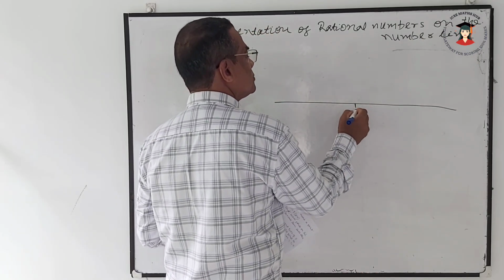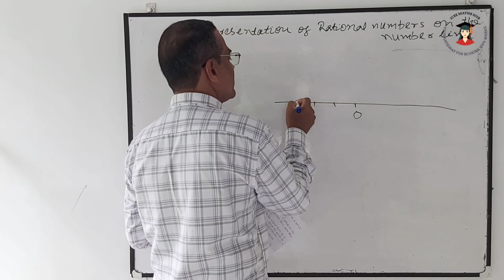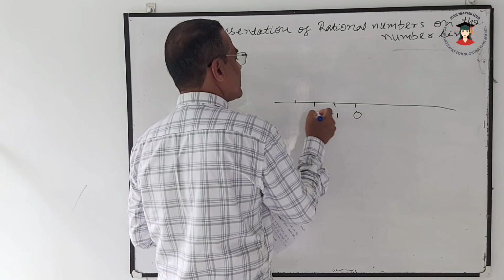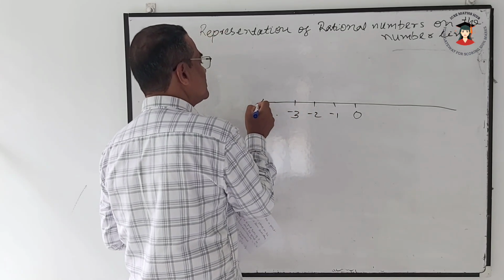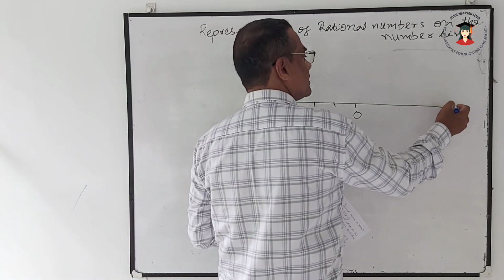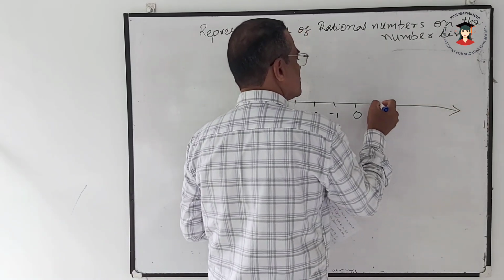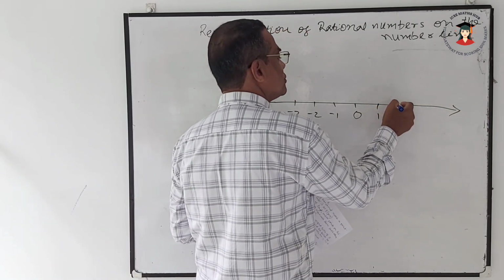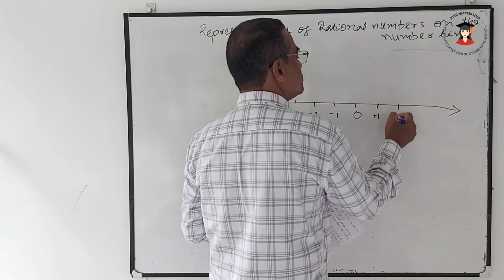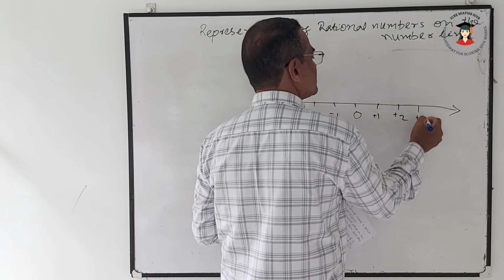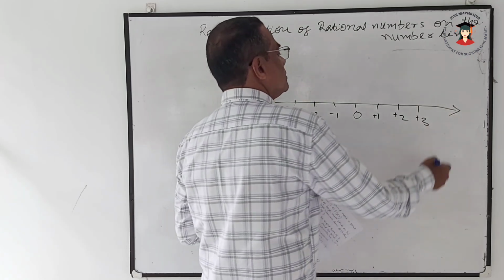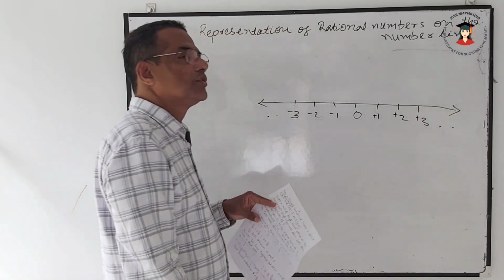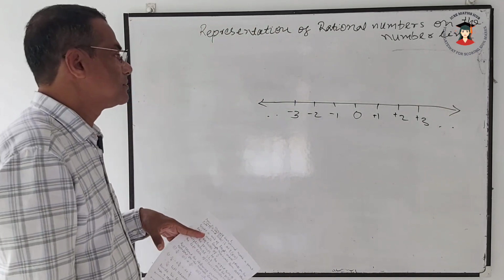There will be a 0, and on the left side we will mark -1, -2, -3, etc. This is a line, so it extends infinitely. On the right side it is +1, +2, +3, etc. So you are already familiar with the number line.